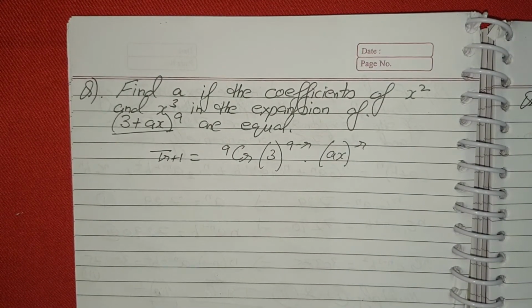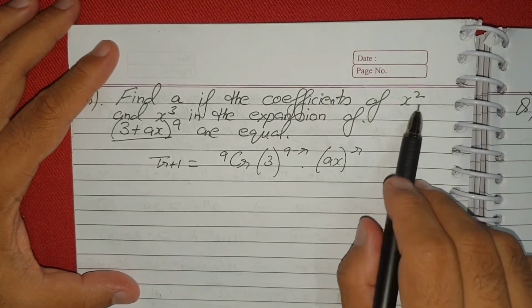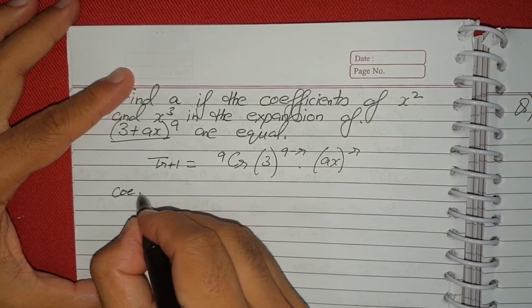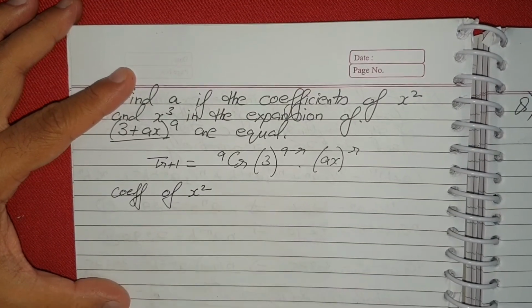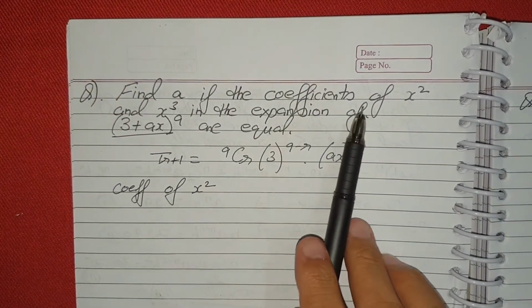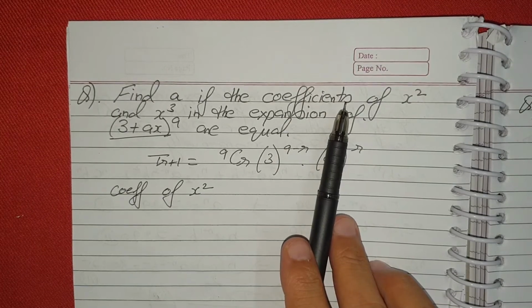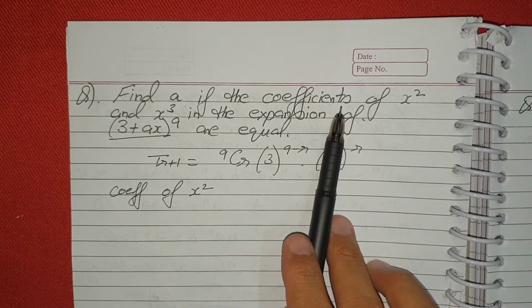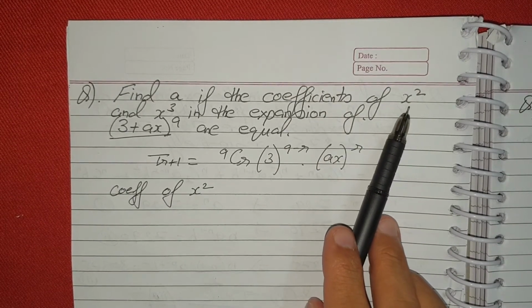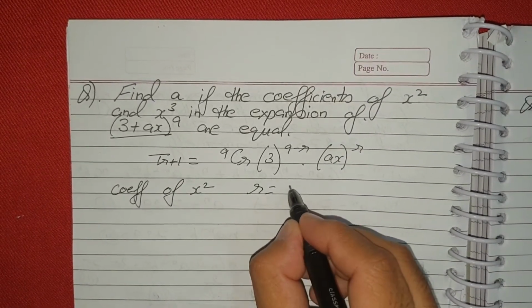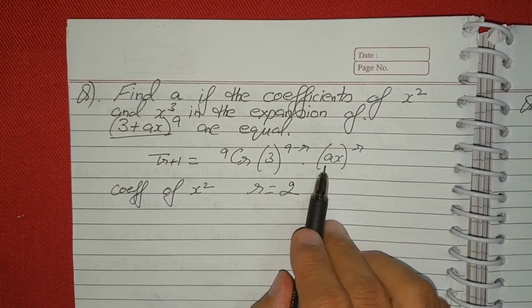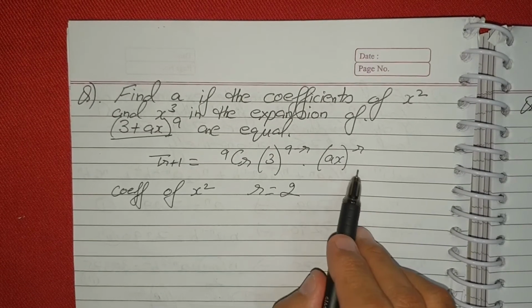Now the coefficient of x square, they are saying. What do you have to put? You have to put r equals to 2, because this is a to the power r, x to the power r.